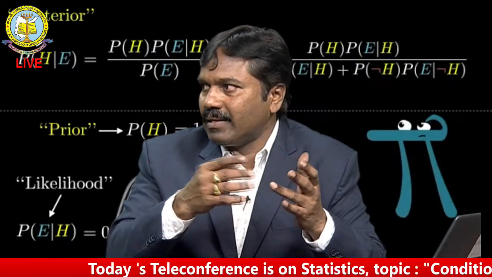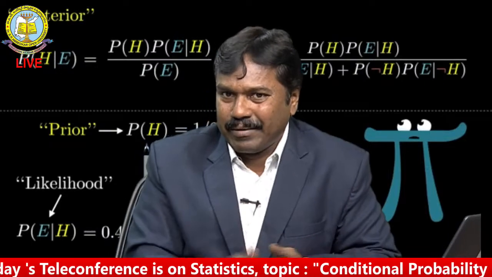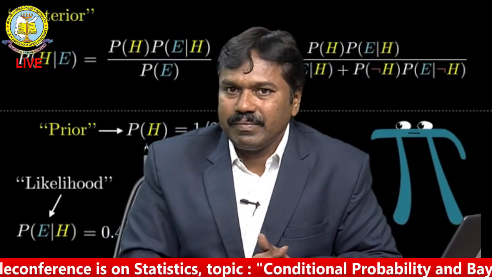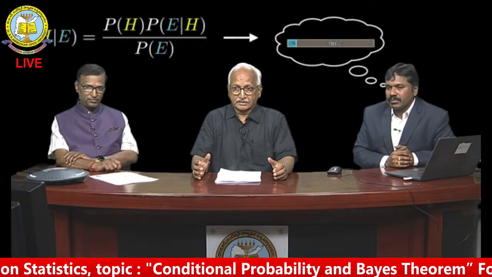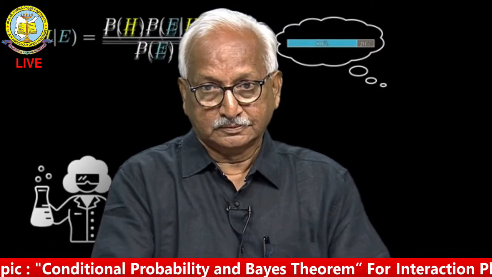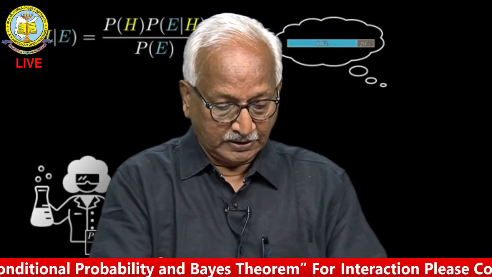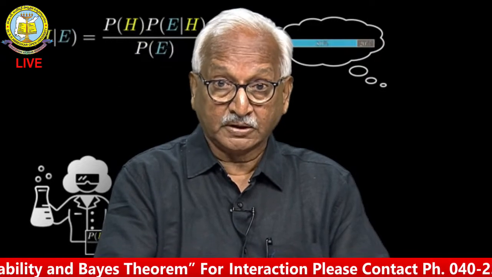How do we filter these spam mails in our Gmail or other accounts? Nowadays it is all data analytics, deep learning and robotics. In most of robotics, Bayes theorem is very much used.